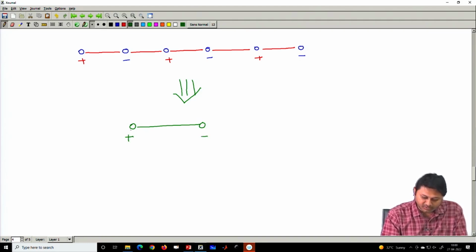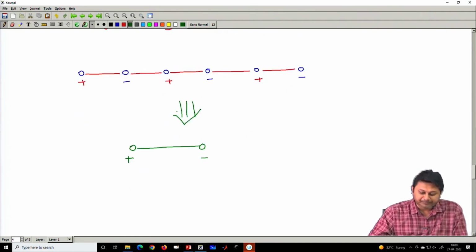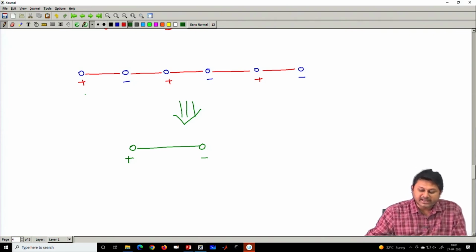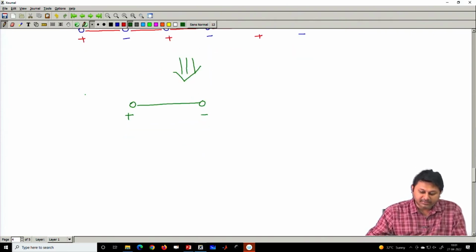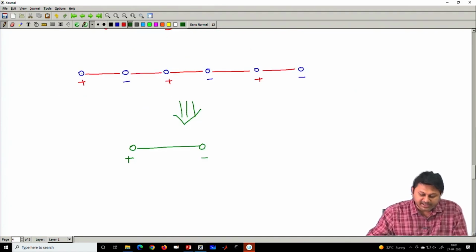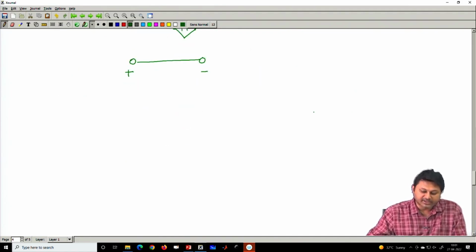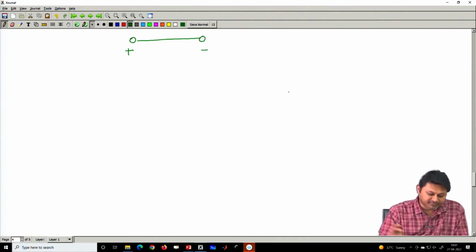So, I have only one dipole. Even though there is charge, the entire charge is nullified, but on the surface I can have a charge that is not nullified. So, I have an effective charge. These charges are bound charges, that is why I call it the surface bound charge.